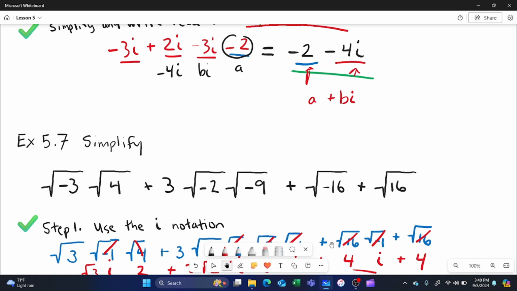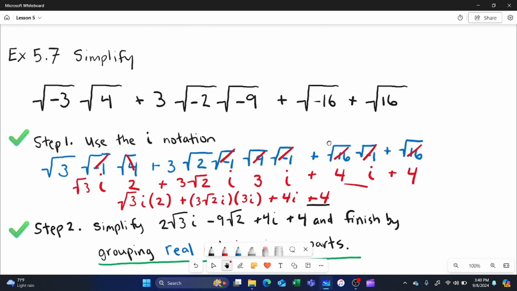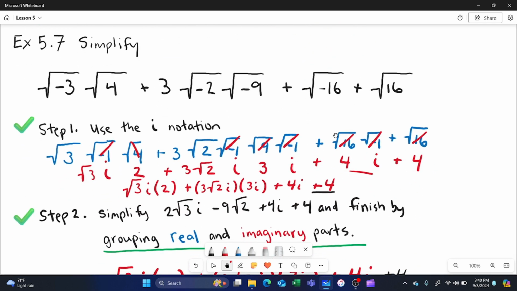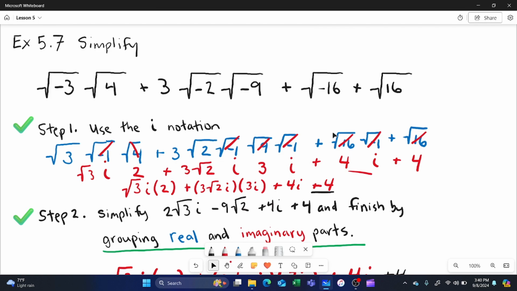On to example 5.7. A little bit lengthy, but you can see what happened here. We take all of this negative 3 stuff and we translate that into 3 times the square root of negative 1, which ultimately will factor down to an i.